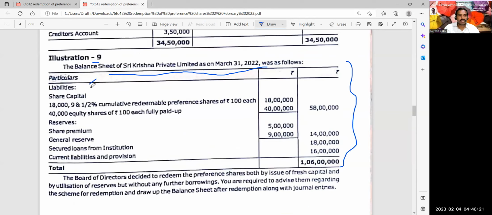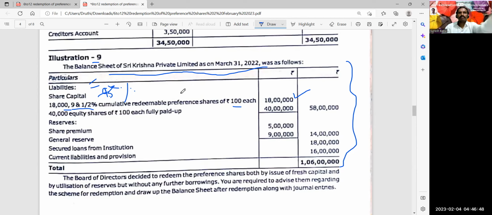This is the liabilities side. We have share capital: 18,000 shares at 9.5%. This is the dividend rate. It is not important for us how much percentage of dividend is being given by the company. But each share is 100 rupees. 18,000 into 100, 18 lakh rupees.